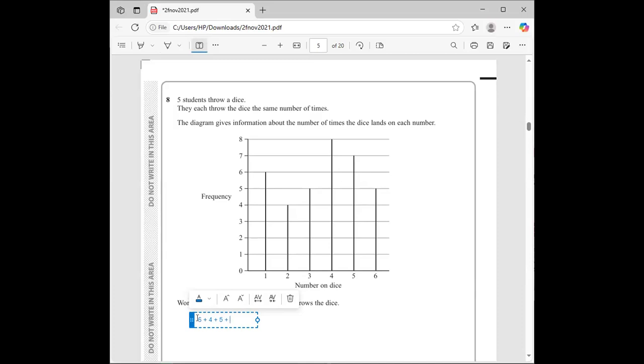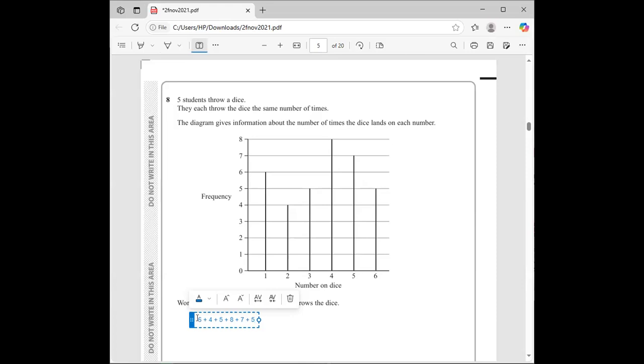6 plus 4 plus 5 plus 8 plus 7 and plus 5, right? I think that's the last one.